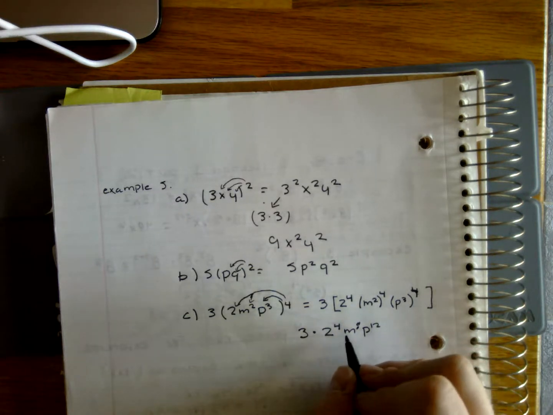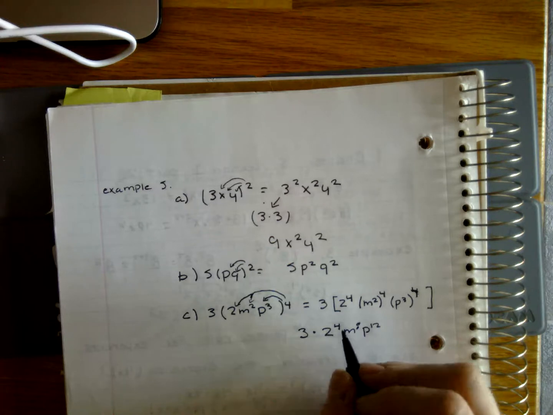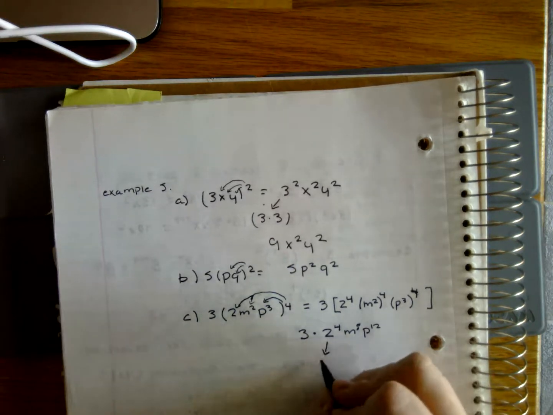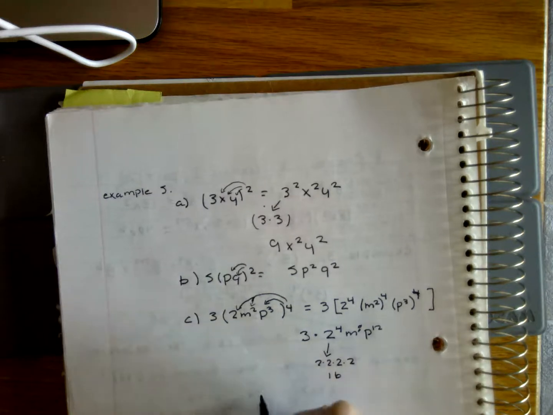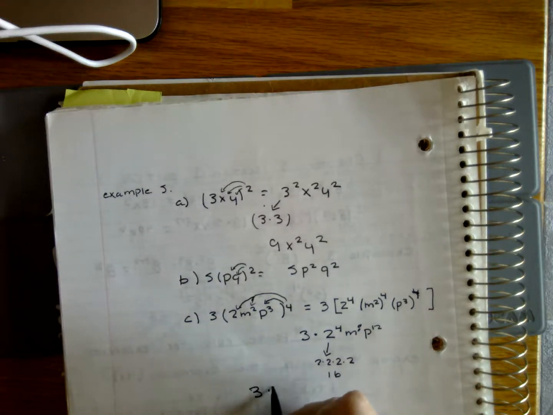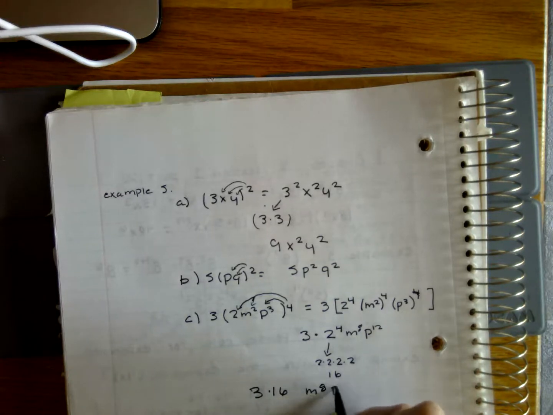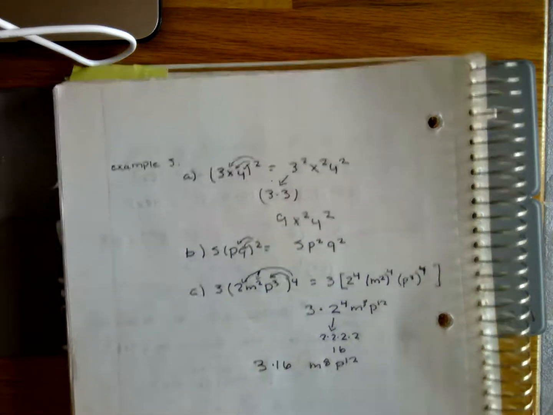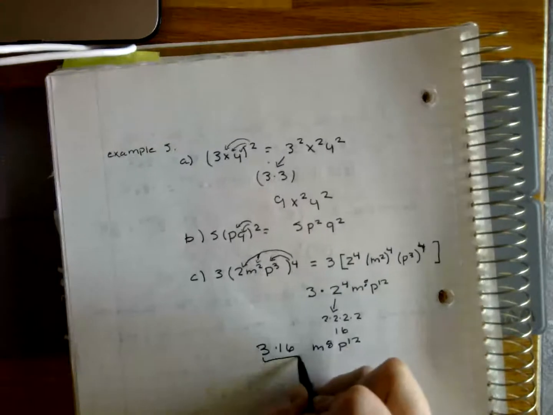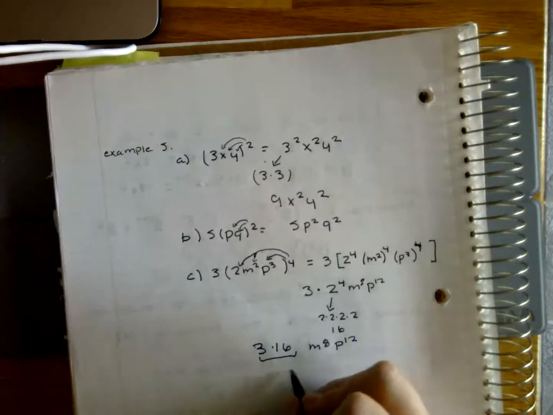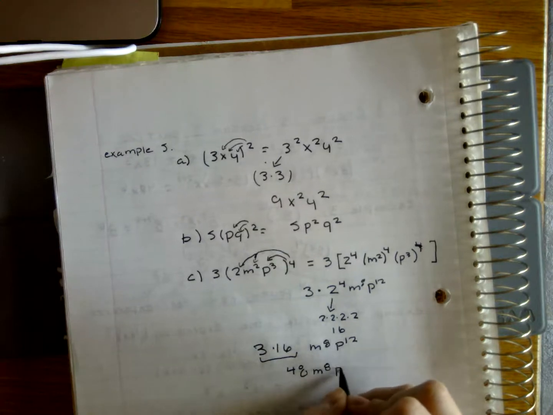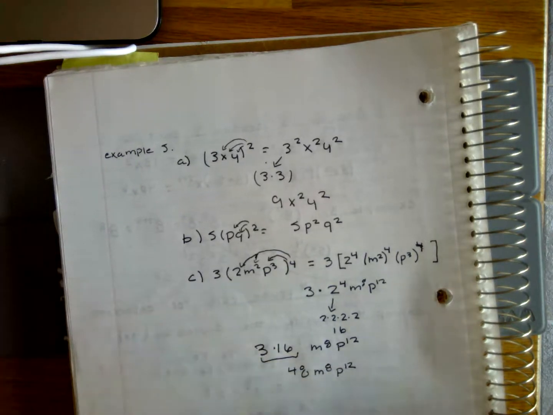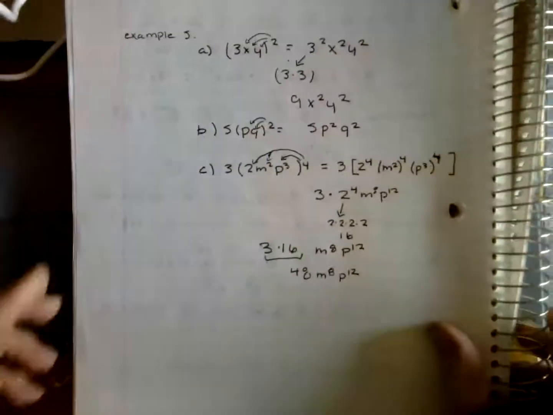And now, when you multiply this out, which is 2 times 2 times 2 times 2, you get 16. So this actually can be written as 3 times 16, m to the 8th, p to the 12th, which then becomes 48, m to the 8th, p to the 12th. So that's how you do C.